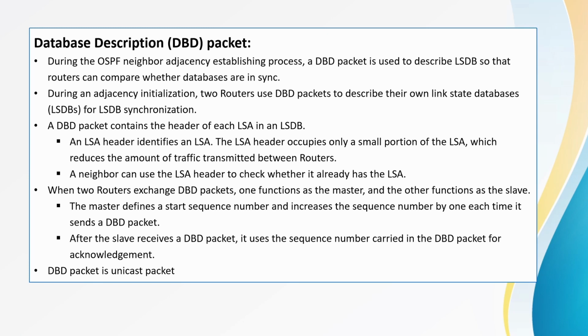During adjacency initiation, two routers use DBD packets to describe their own link state database for the link state database synchronization. The DBD packet contains a header of each link state advertisement in a link state database.